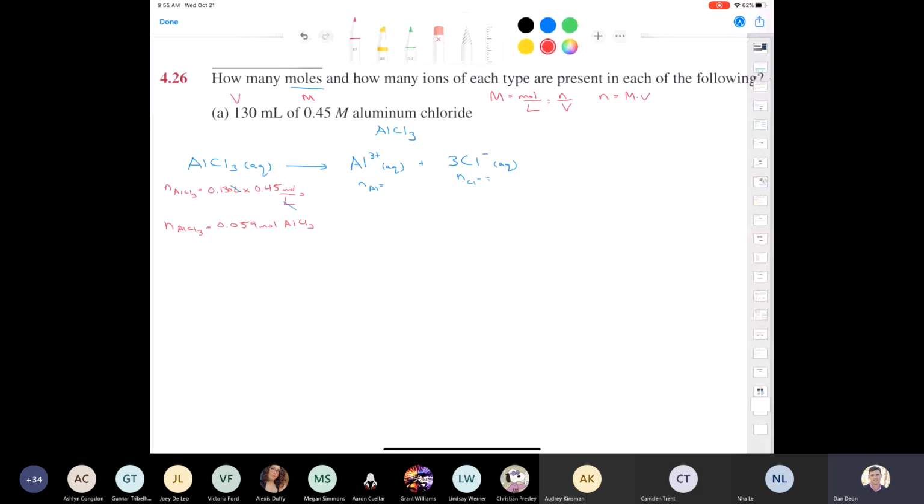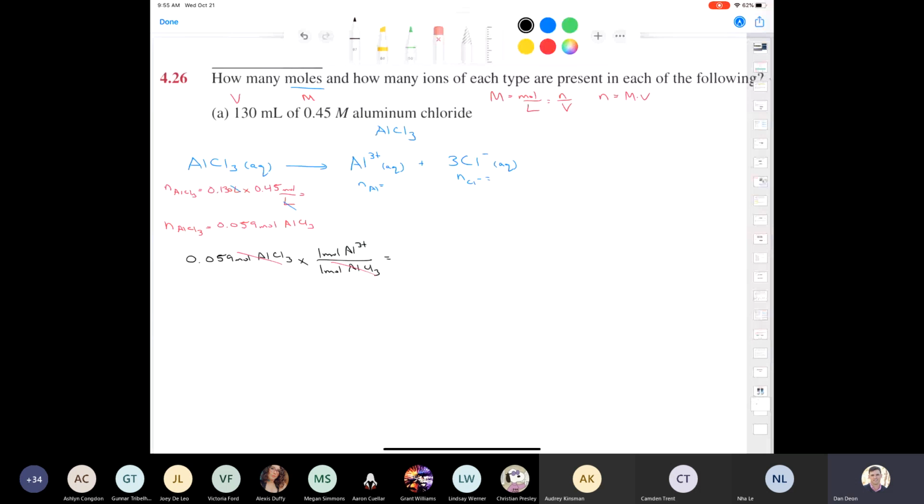Well, if I want to figure out the number of moles of aluminum, where would I start there? I know that I have 0.059 moles of aluminum chloride. And from my balanced equation, I know that for every 1 mole of aluminum chloride, I have 1 mole of aluminum ions. Moles of aluminum chloride are going to cancel out, and I'm going to end up with the number of moles of aluminum.